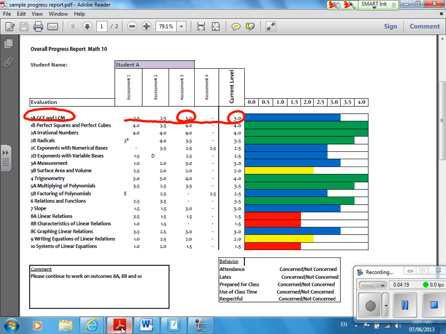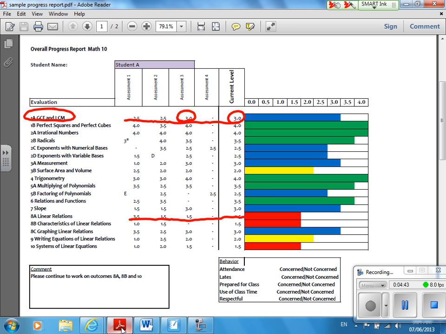Retention is also important. So if a student's mark drops from their previous current level, the change will be reflected in their updated current level. This can be seen in outcome 8A. The student started at a level 3.5, but then for whatever reason, they struggled the next time it was done in class and weren't at the basic level of understanding.